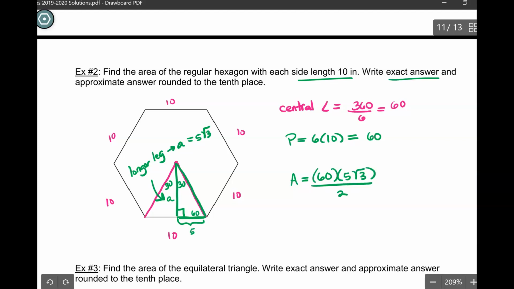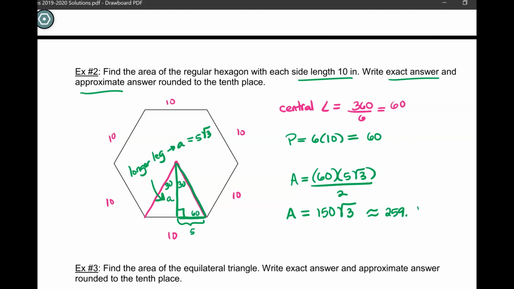We want to write the exact answer and approximate. In exact form, we'll just do 60 times 5 root 3 divided by 2, or 30 times 5 root 3, so that'll be 150 times the square root of 3. Let's plug that into the calculator. We get 259.8, and that will be inches, so square inches.